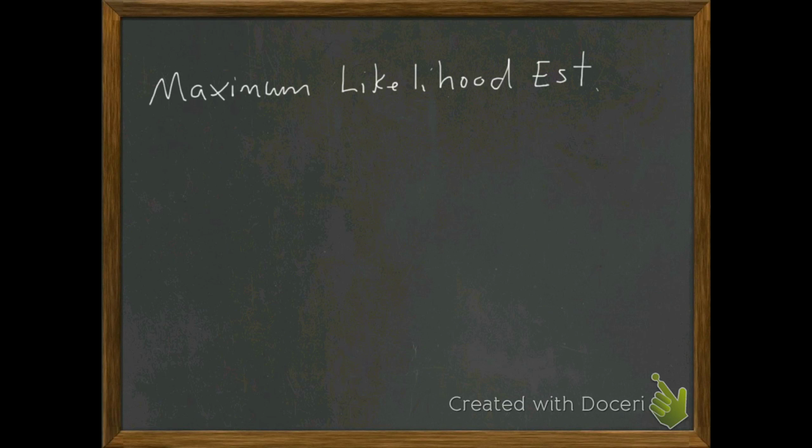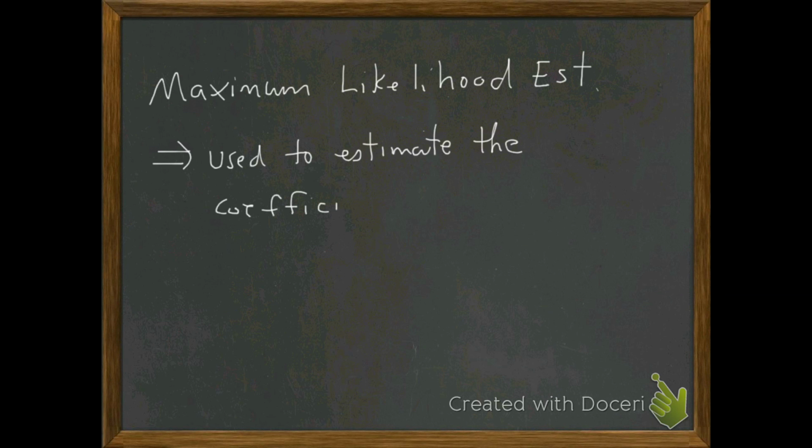It works similar to what we've done in the past. It's modeled by the Bernoulli distribution, with a couple of nuances. So maximum likelihood estimation is used to estimate the coefficients.